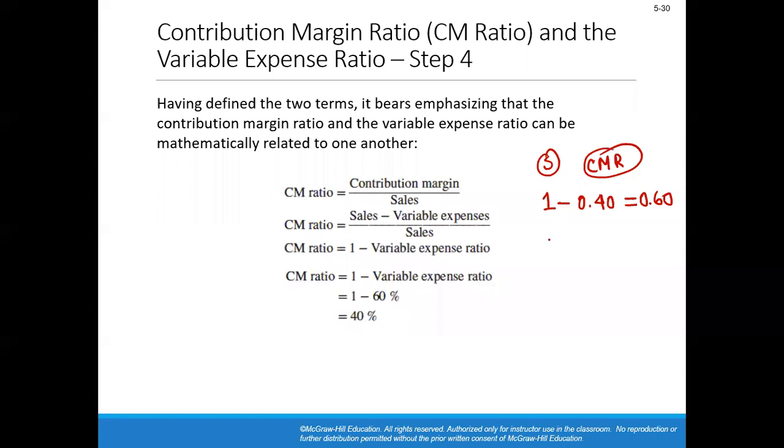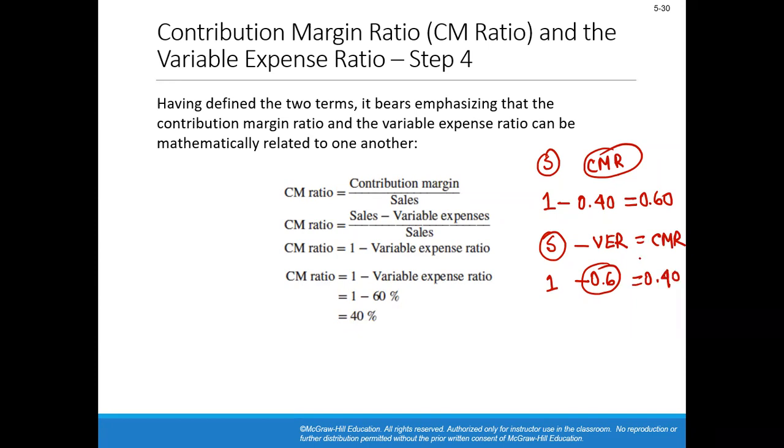Now if we do just the opposite, we subtract from the sales of $1 the 0.6 variable expense ratio. What will we get? We get the contribution margin ratio.